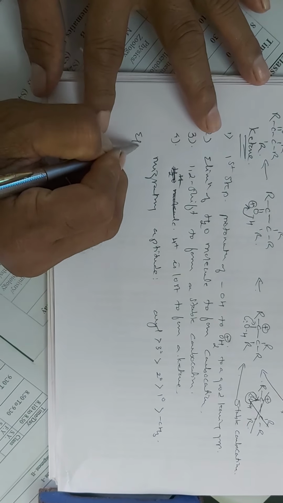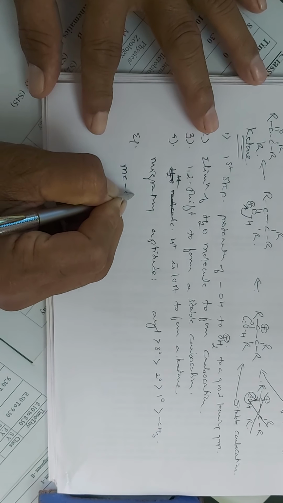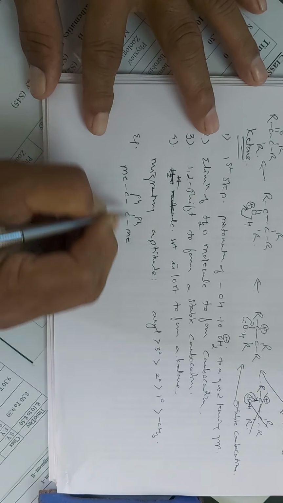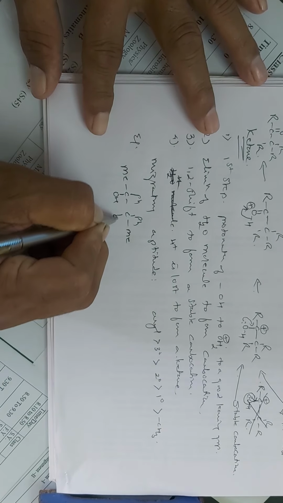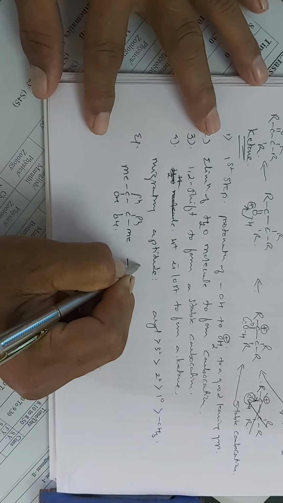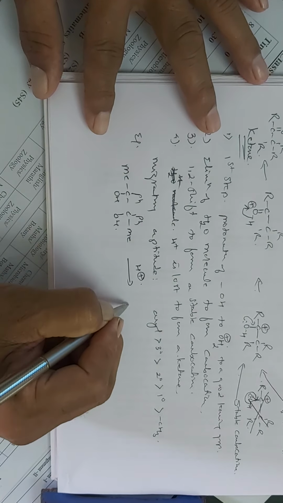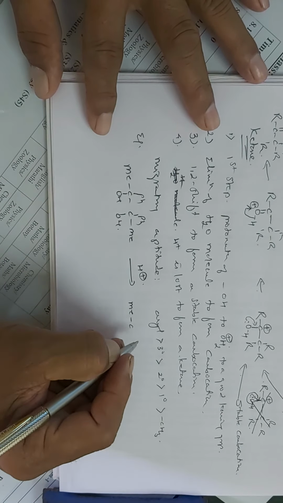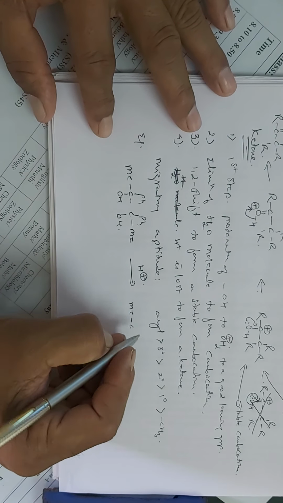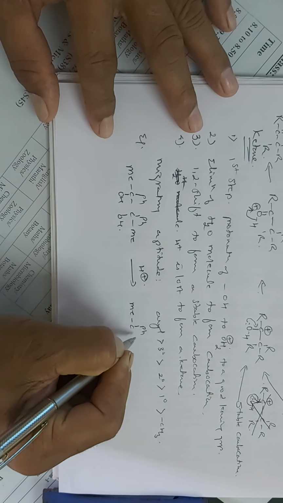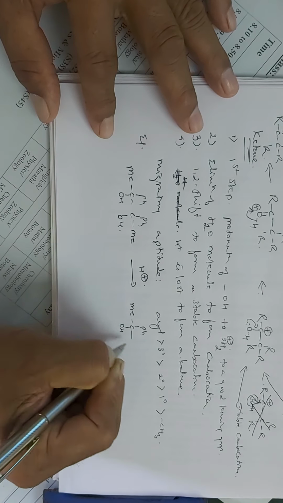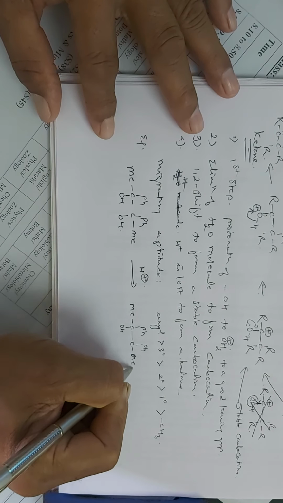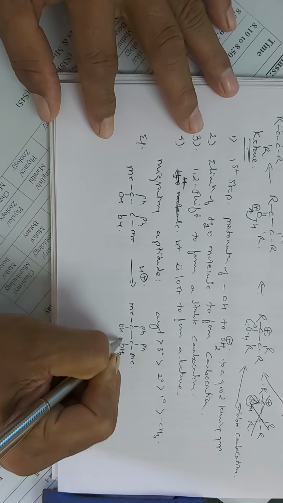Now we will see an example of the Pinacol rearrangement. Here the alkyl and aryl groups are present. This is the diol, which on treatment with H plus will give you the formation of Me C(Ph) OH, here C(Ph)Me, and here OH2 plus.